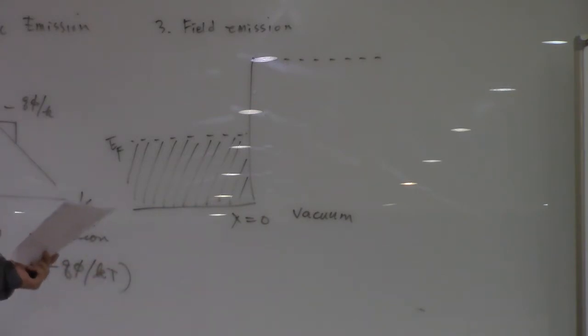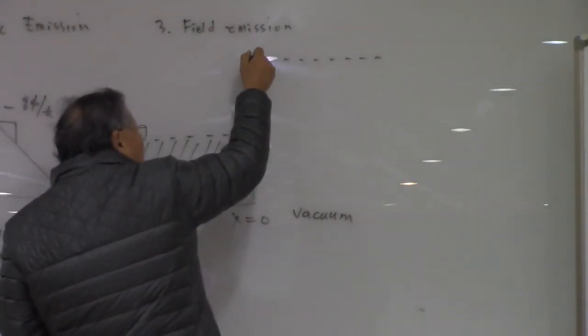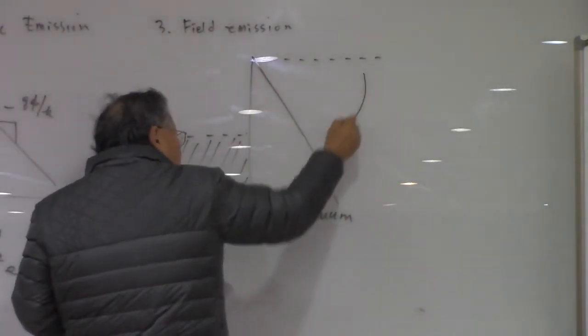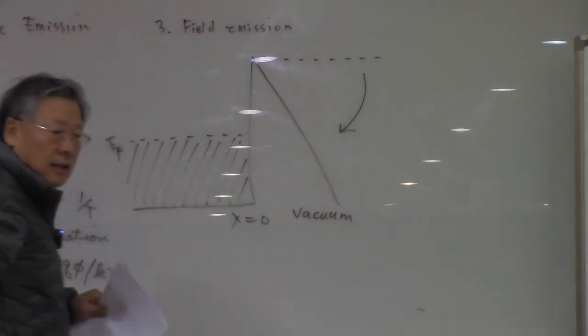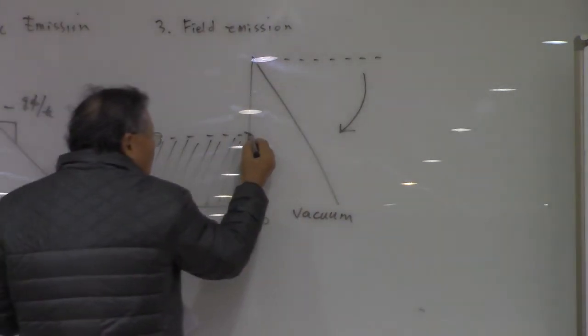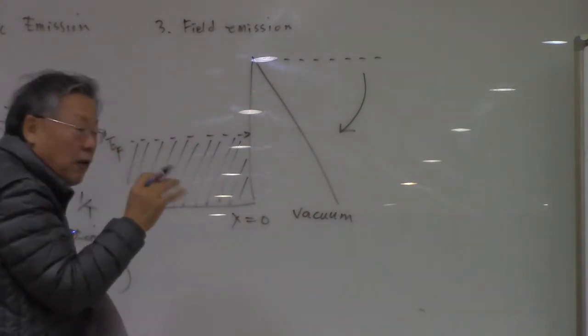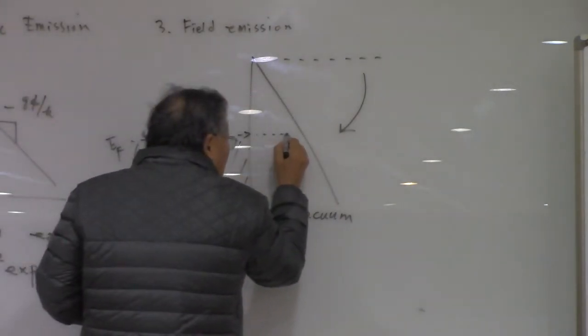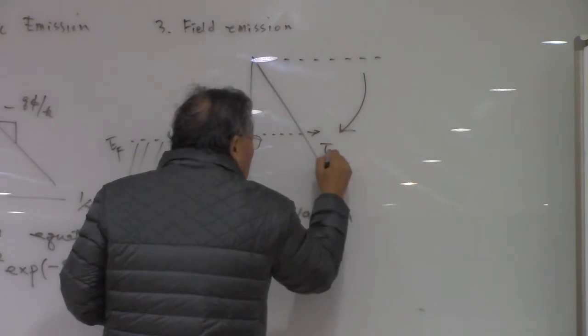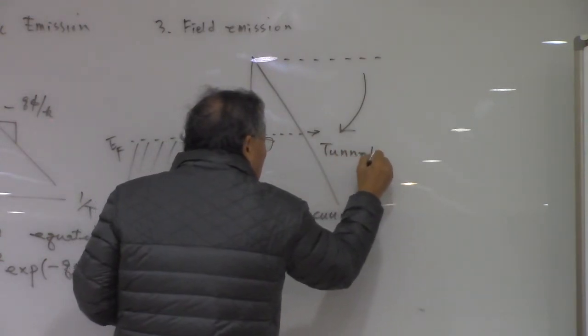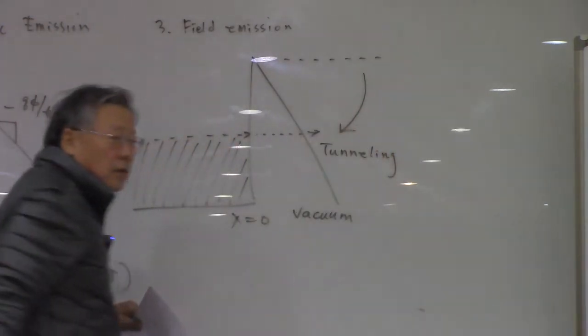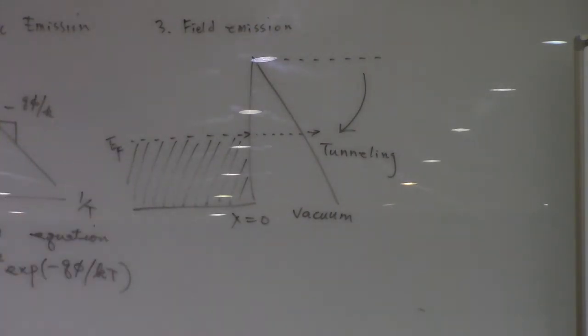Then what's happening if you apply a high electric field? Then this band is going to be bent like that, so that the energetic electrons close to the Fermi energy can do the tunneling here. Tunneling to the vacuum, and that is the field emission.